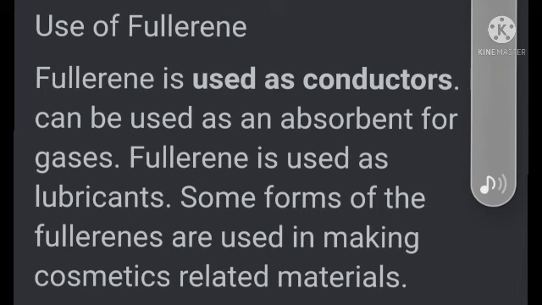Third question, what is fullerene? Write. Fourth question, write its 3 properties and 3 uses. This many questions you should write in your chemistry copy.